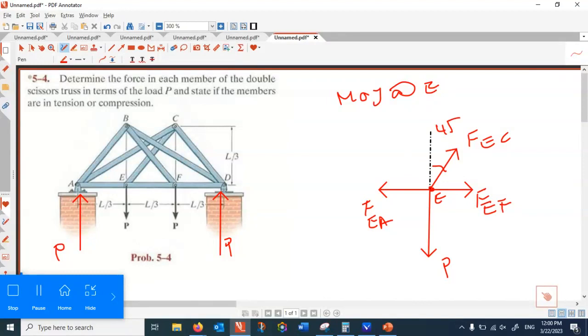You don't know anything about FEF, FEA, but vertically, that is all you need. It is partially solvable. If you solve that partially, that would give you FEC. And if you have FEC, what happens? With FEC, you bring FEC here, and then method of joint here, 2 unknowns, that is solvable.